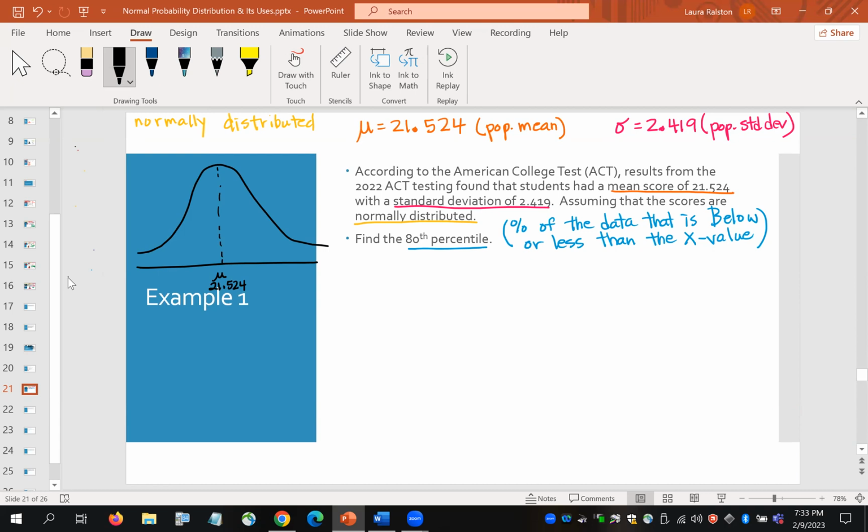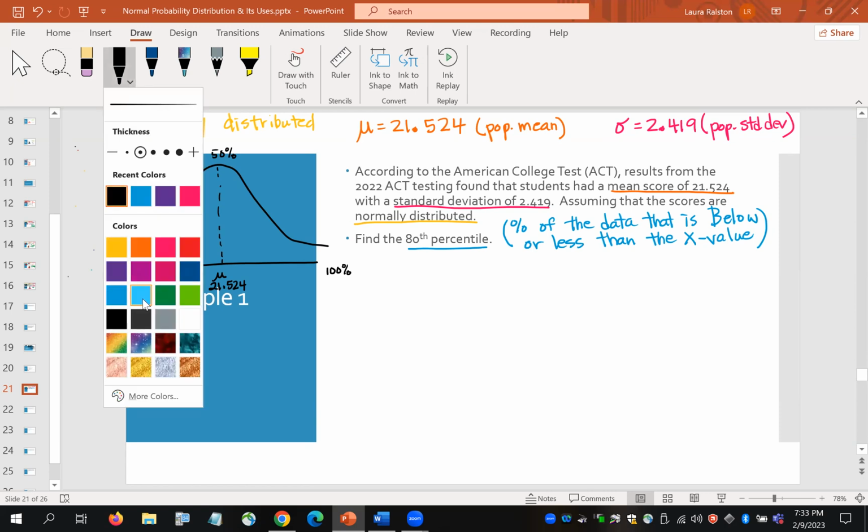So if you work left to right on this curve, we start out on the left at 0%. When I get to the mean, I'm at 50%. And if you keep going out the other direction, eventually you get to 100%. So you have to think about where 80% would be.